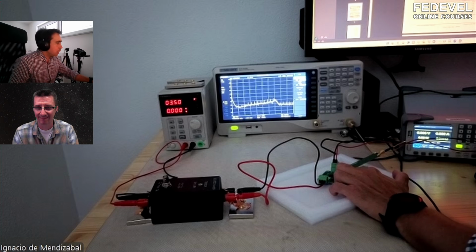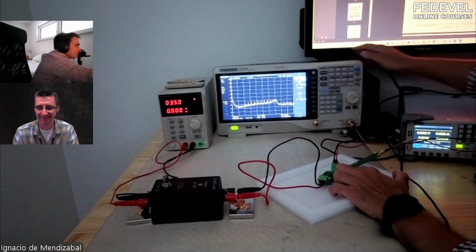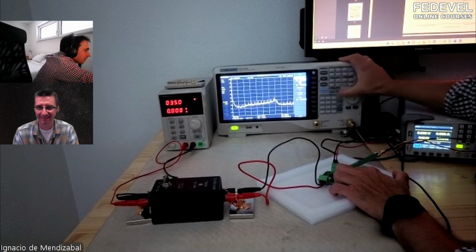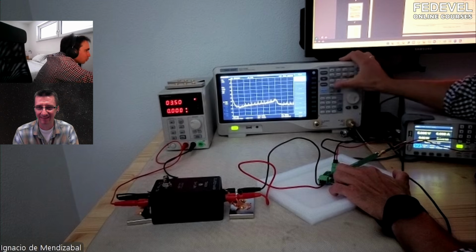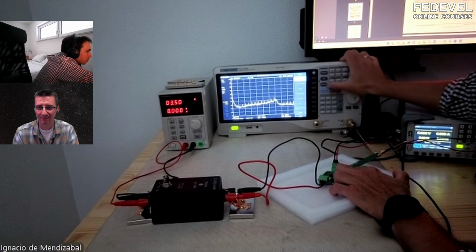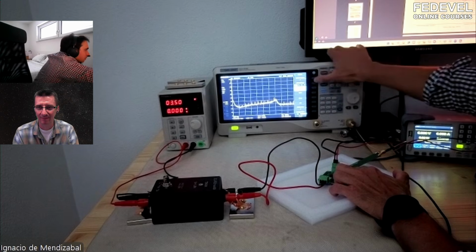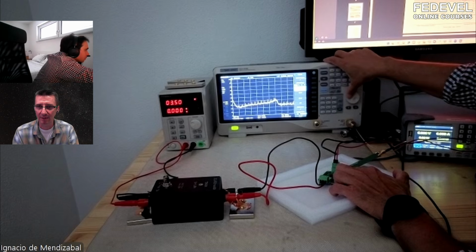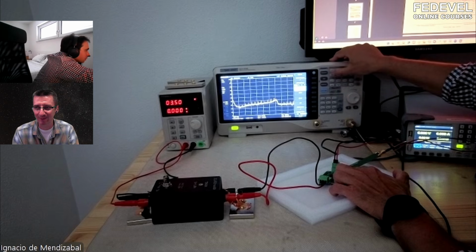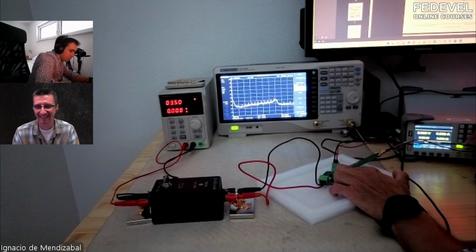Now the next question is, are those peaks coming from a specific piece of the circuit or not at all? Let me add some markers. If you increase the load, is it going to increase a little bit so it's better visible? I'm just curious, so let's try it.